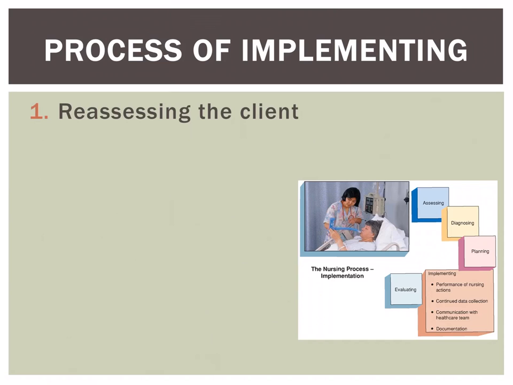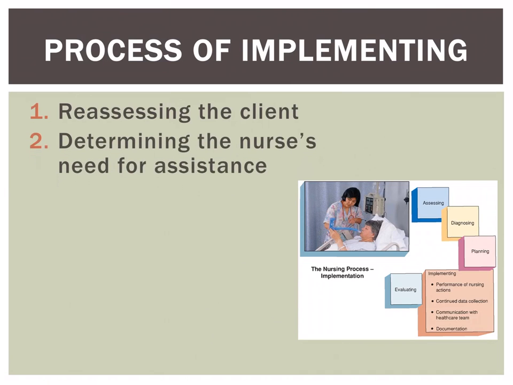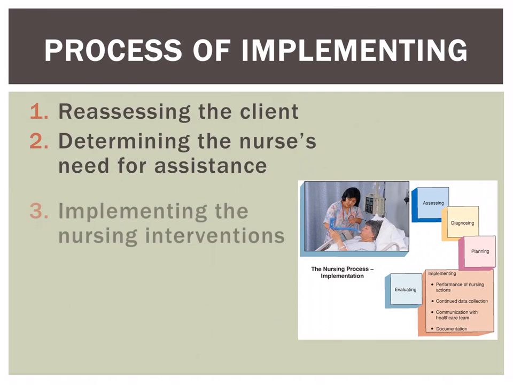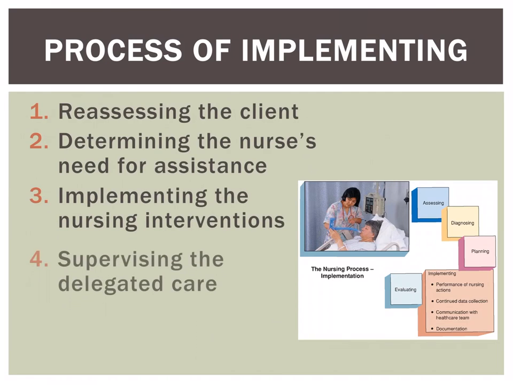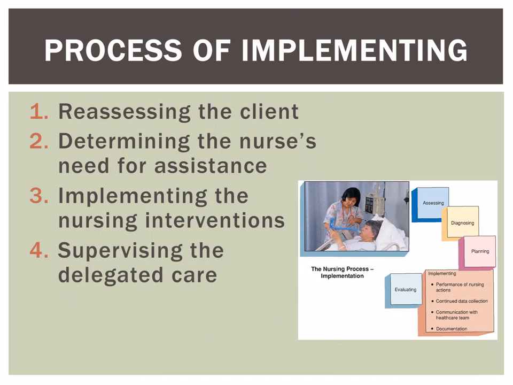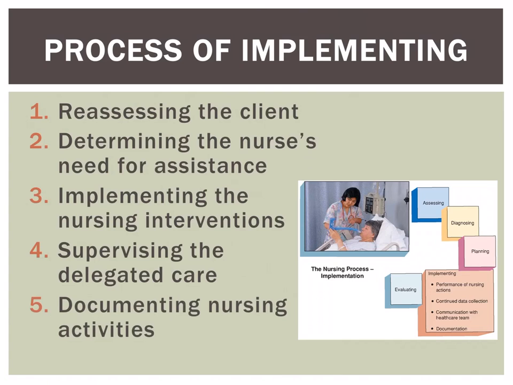So before we implement such procedure, we first need to assess the patient. Next, we determine the nurse's need for assistance and implement the nursing interventions. After that, we supervise the delegated care. Then lastly, we document nursing activities.